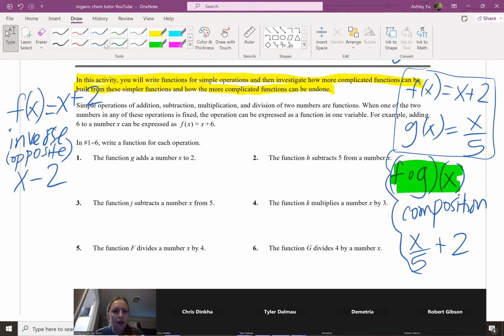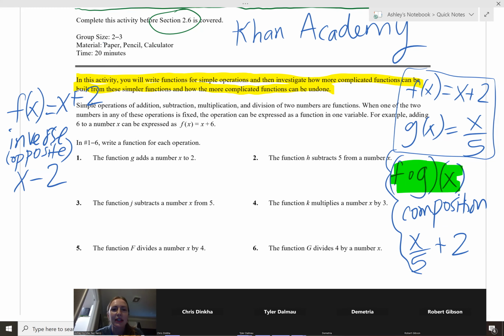F of g, I call it. Anyway, that's weird. And then for inverse, if I have a certain function like the original, f of x, and I want to find its inverse, I write f with the little -1. It almost looks like an exponent, like you're raising something to a power, but you're not really doing any operations. It's just purely notational. I write f with a superscript -1 of x.